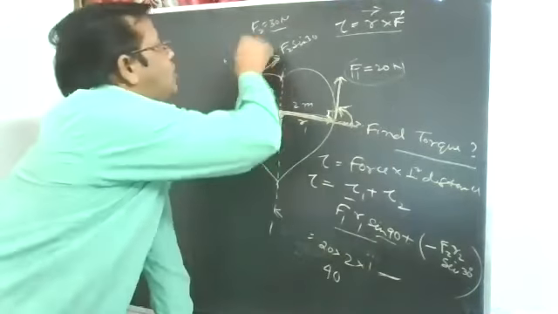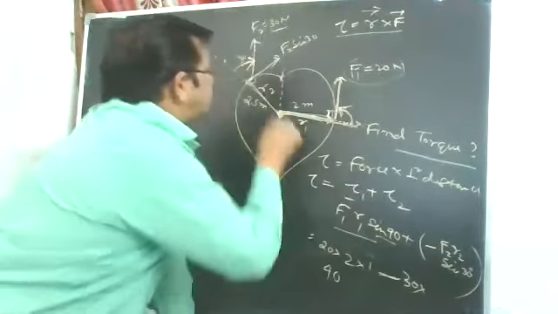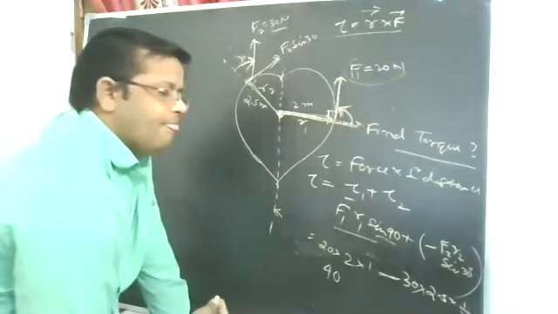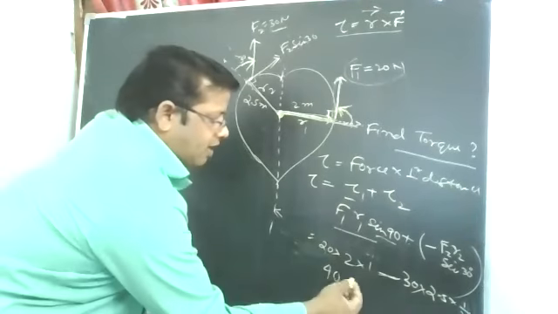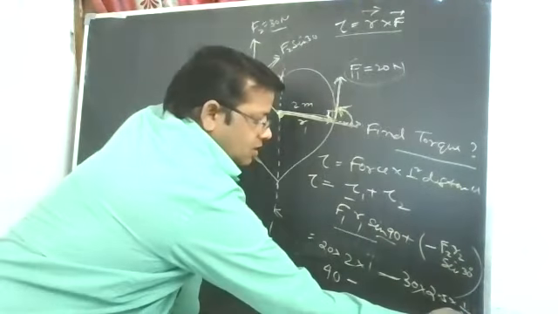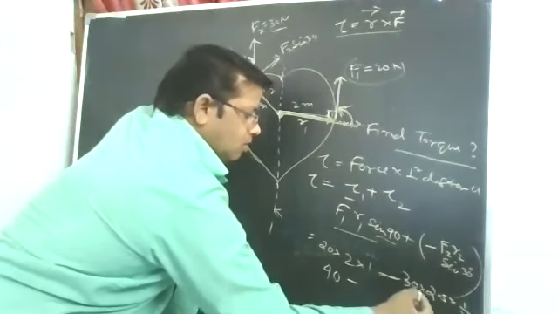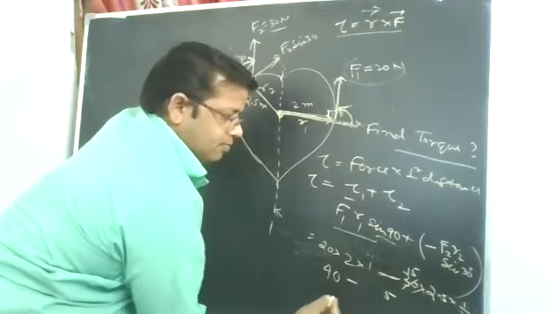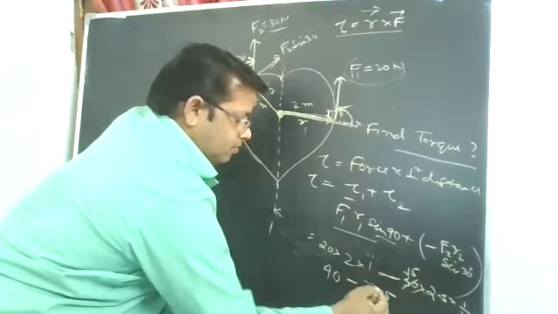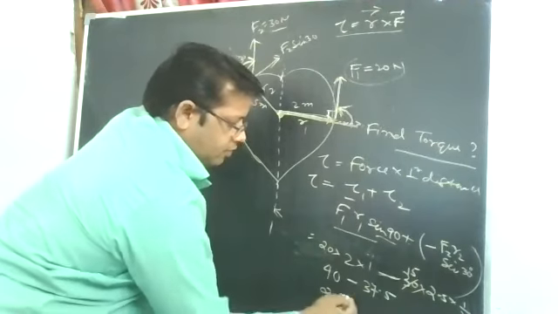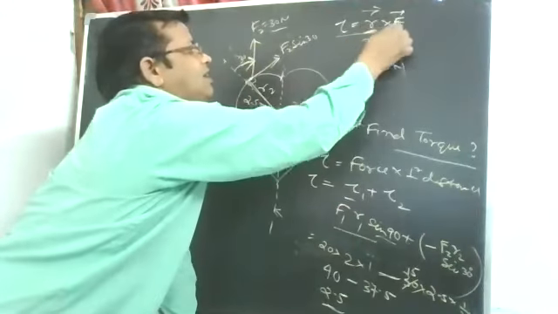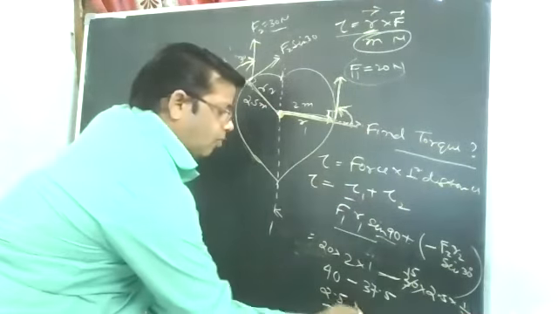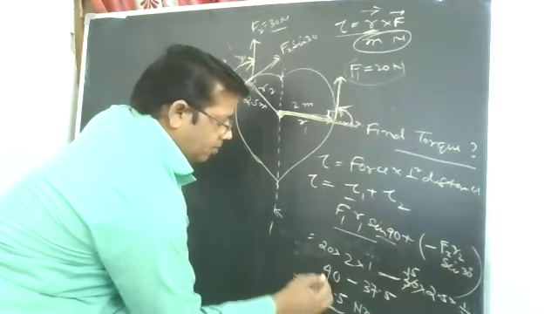Minus. What is the value of F2? Beta, 30 Newton. The perpendicular distance is 2.5, and what is sin 30, beta? 1/2. So your answer will come, minus, cut this, it will be 2.5. What is the unit of torque? Meter, Newton, Newton meter. So 2.5 Newton meter is the torque acting on the body.